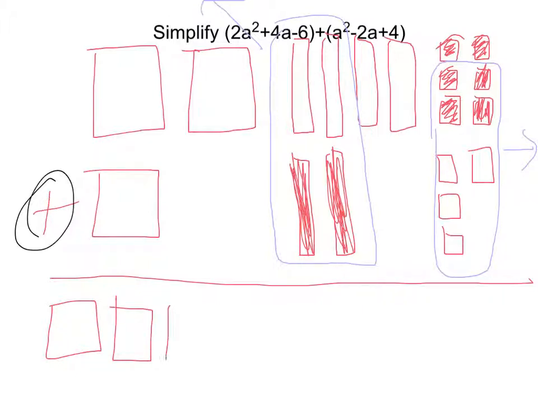And then so you get, when you add like terms, 3a squared plus 2a minus 2. Oh, shoot. Since I'm doing shapes, so sorry.